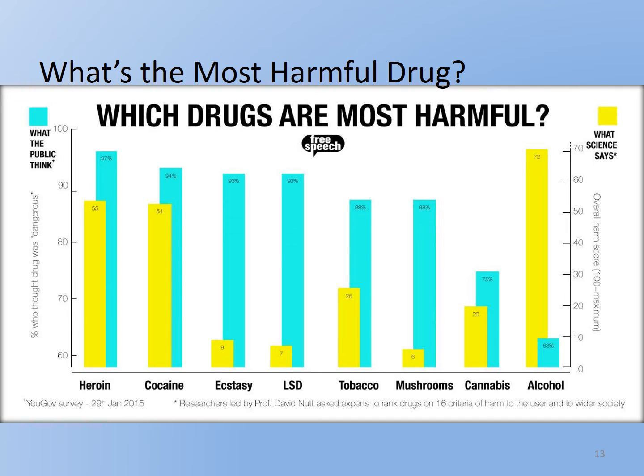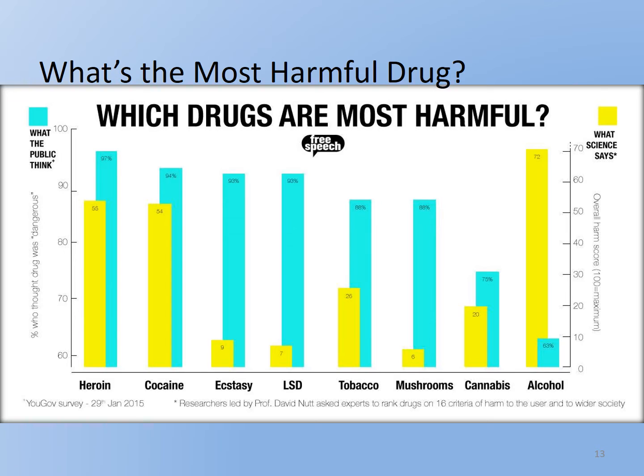this is a diagram from a survey in the United States asking normal people what they think is the most harmful drug versus what experts in the field believe is the most harmful drug. And so the green one is what people think, right?